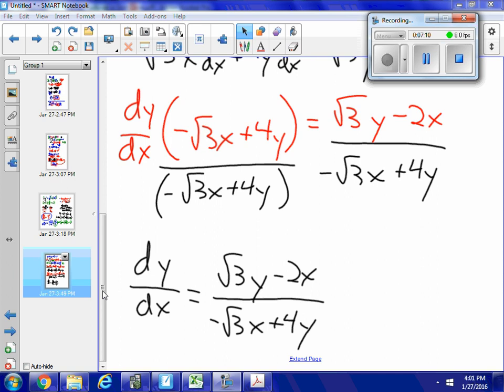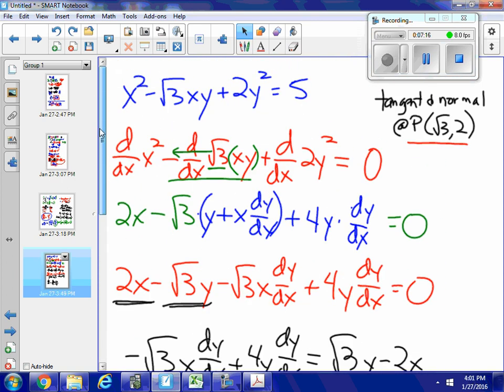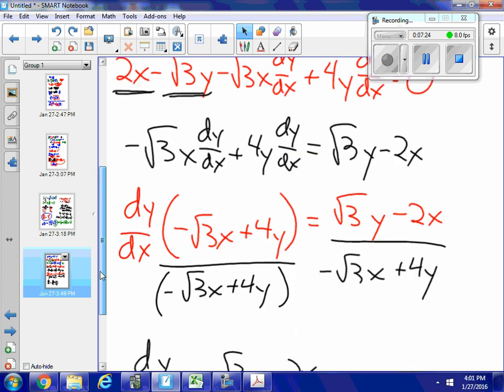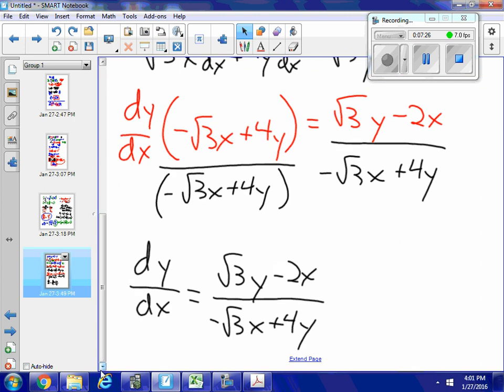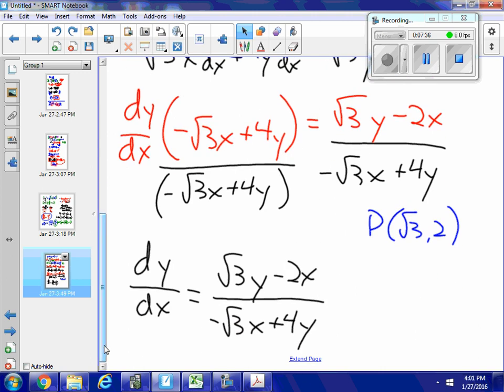So that's the formula of the derivative, and I need to find the slope of my tangent, that is the derivative, at the point radical 3, 2. Let me just double check that, make sure that's the right point. Yep, radical 3, 2.